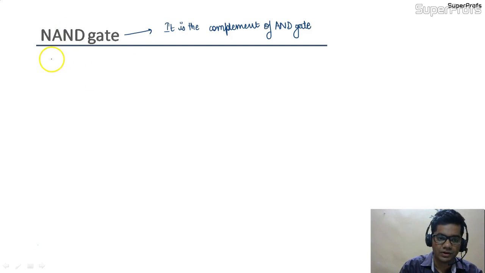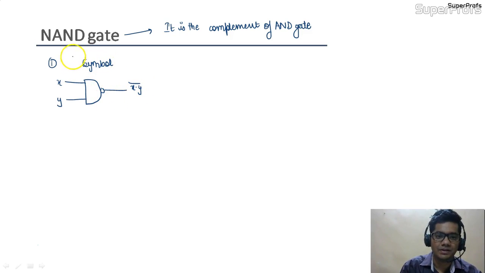So first we are going to see the symbol. We know the NAND gate is the complement of the AND gate. So if there are two inputs x and y, the output would be the complement of the AND gate, that is x dot y whole bar. So this is the symbol for the NAND gate. This circle is used to complement the AND gate.